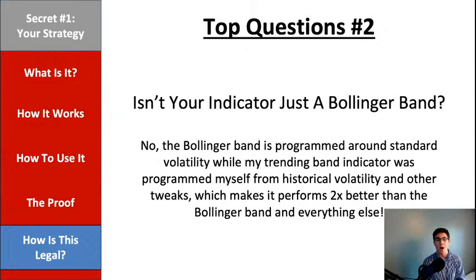So anyways, question number two is, isn't your indicator just a Bollinger Band? So for those who don't know what a Bollinger Band is, it shows volatility on the stock. So you can kind of show it, and it shows the historical ranges. Now, the difference between my band and the Bollinger Band is that mine is using historical volatility, which the Bollinger Band does not, and it does math in a different way.